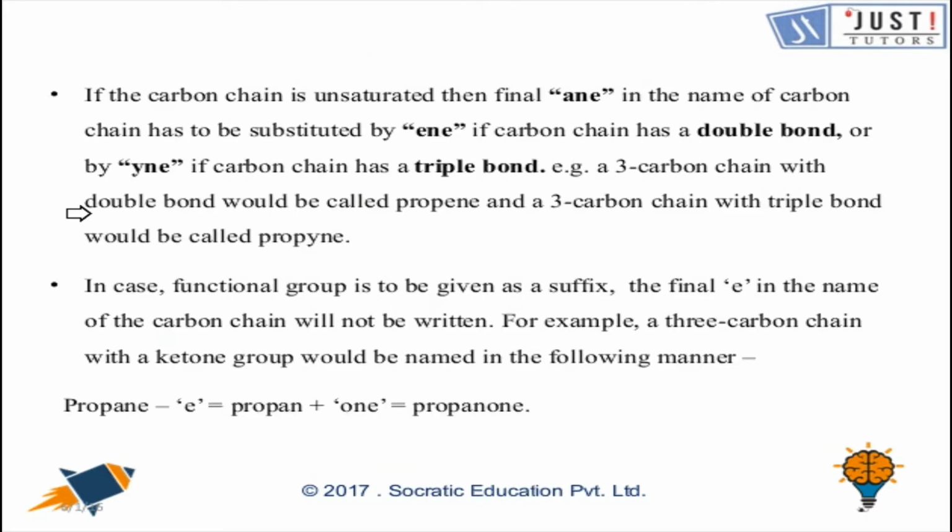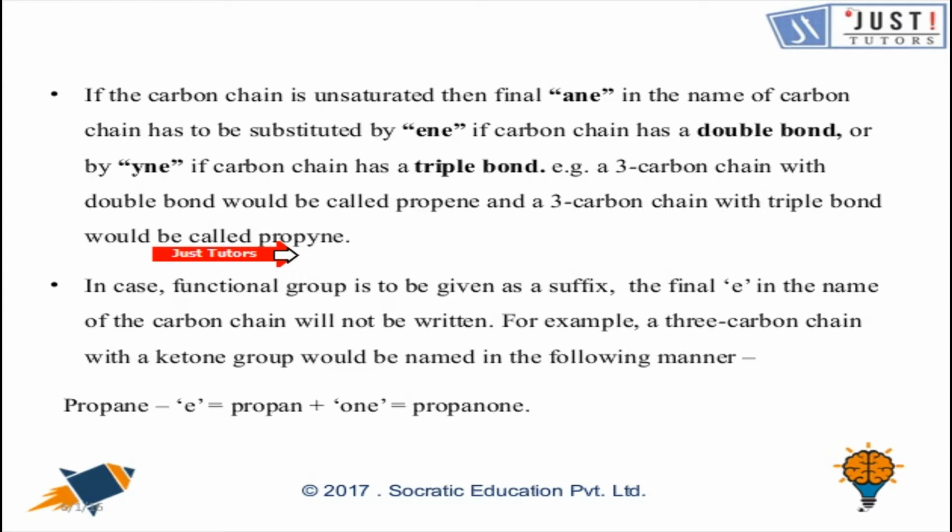In that case, ane will be substituted by ene. And if we have a triple bond, then ane would be substituted by yne. So if we have a three carbon chain with a double bond, we call it propene. And if we have a three carbon chain with a triple bond, we call it propyne.